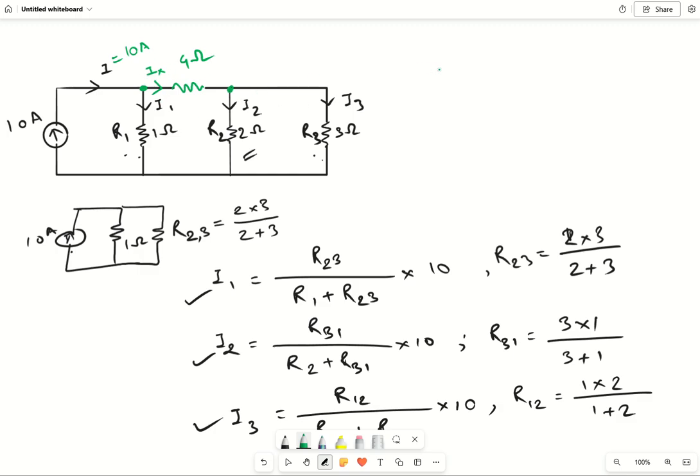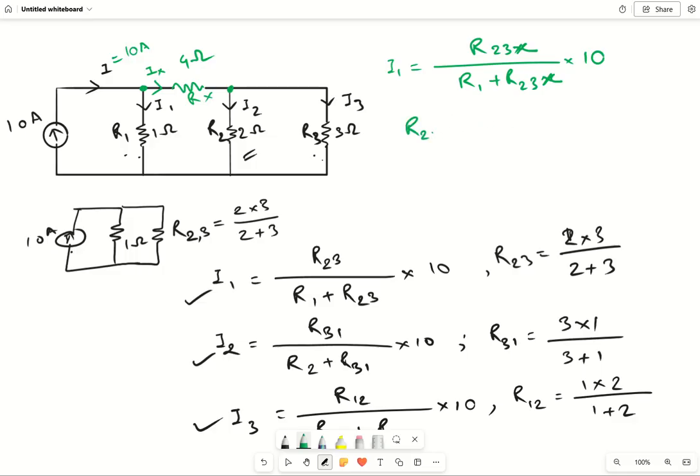Okay. So in this case, for calculating I1, there will be another equation where we have R2 and R3 in parallel, in series with Rx. Suppose we call it R23x, so I1 is R23x divided by R1 plus R23x, multiplied by 10. Let me write down the x like this so that you don't get confused.